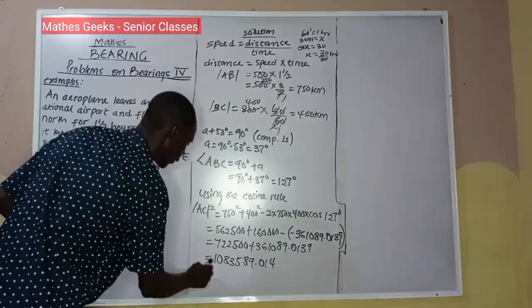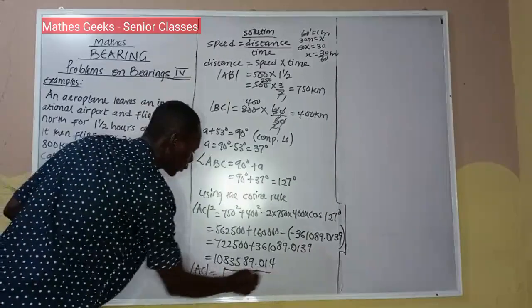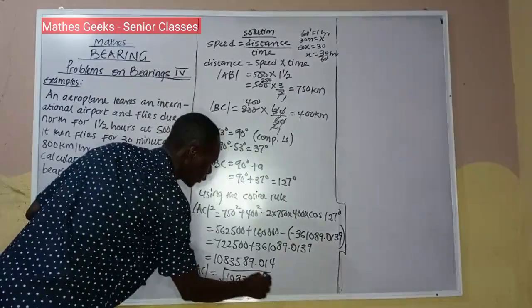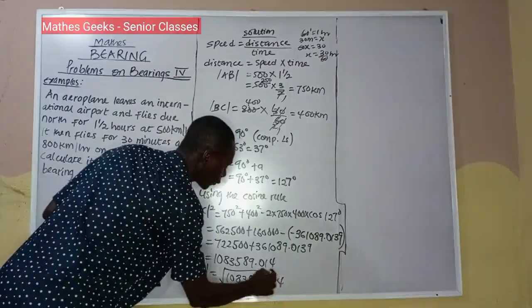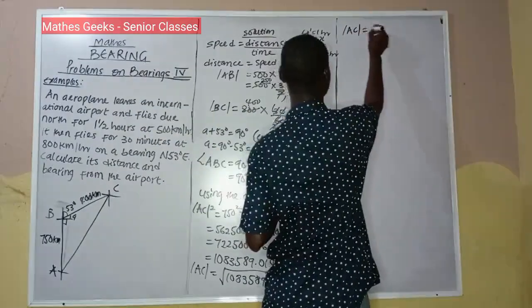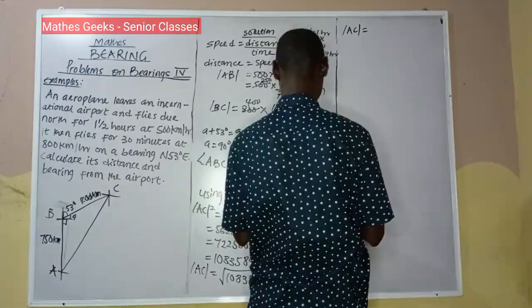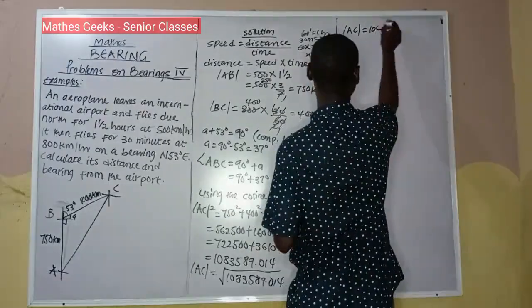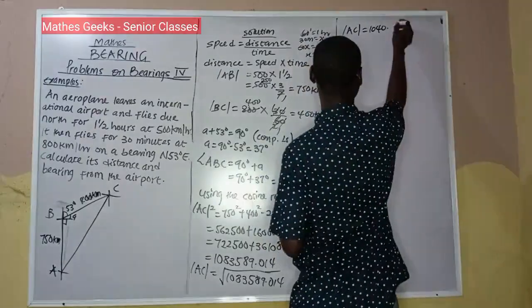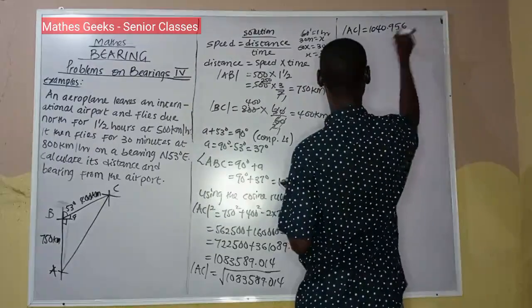Which is line AC is equal to the square root of 1,083,589.014. So line AC is equal to 1040.95596.